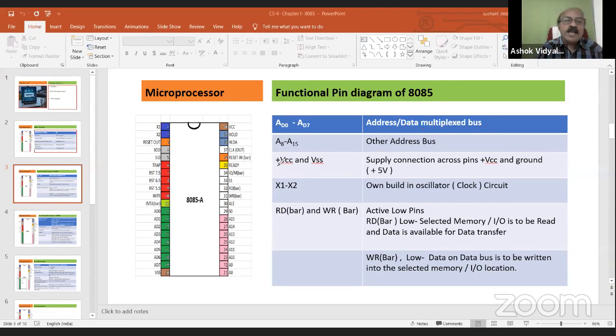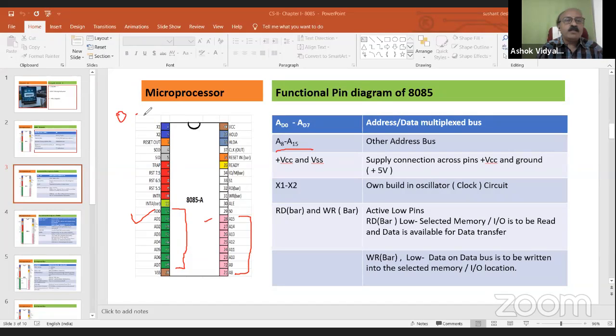Now the remaining 8 bits will be given on A8 to A15. So which are the address lines, or which is the address bus? This is AD0 to AD7 and A8 to A15. AD0, always in a microprocessor the index starts with 0. So 0 to 15.